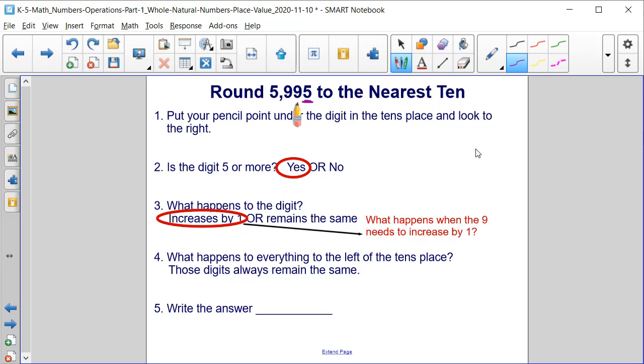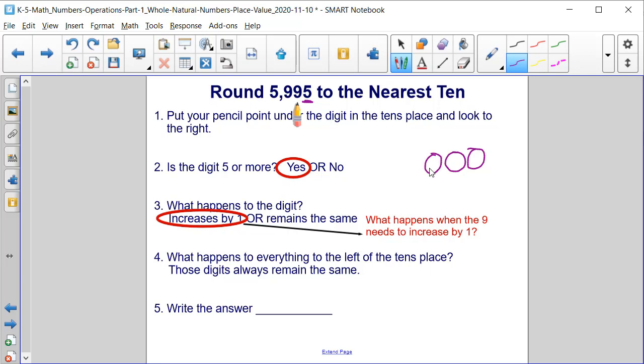So then that's going to make the 5 in the ones column becomes a 0. This 9 in the tens column also becomes a 0 because we are going to end up having an extra 10, bringing it up to 100. And then the 9 in the hundreds column is also going to end up becoming a 0 because we're adding an extra 100 to 900, and that's going to round up to 1,000.